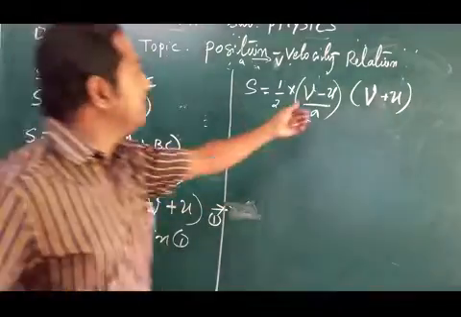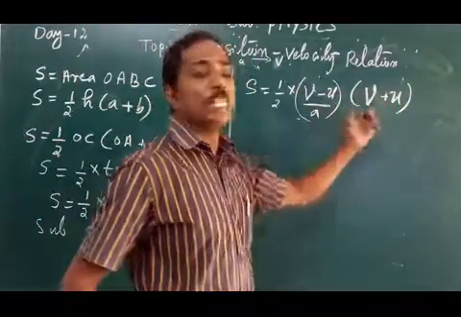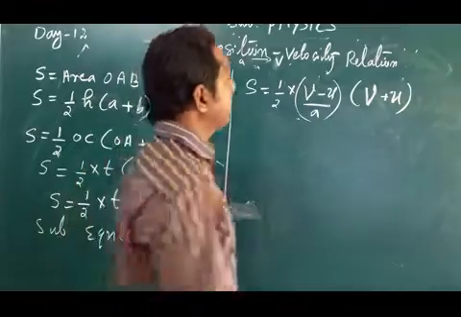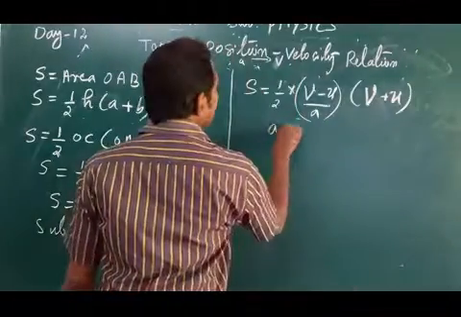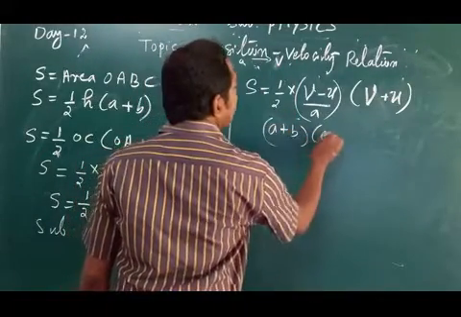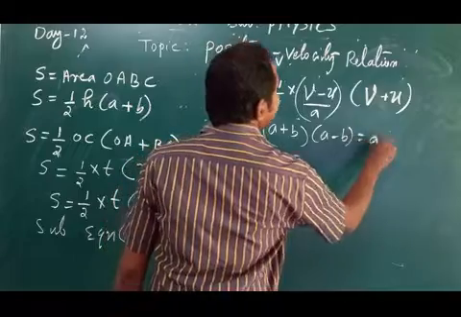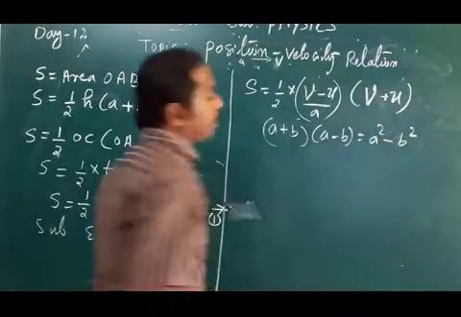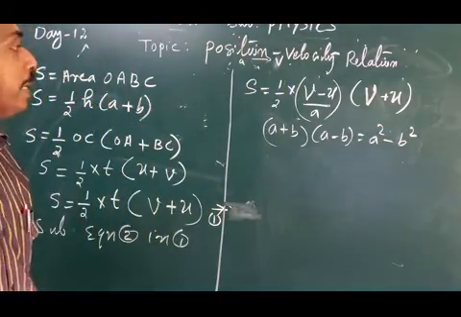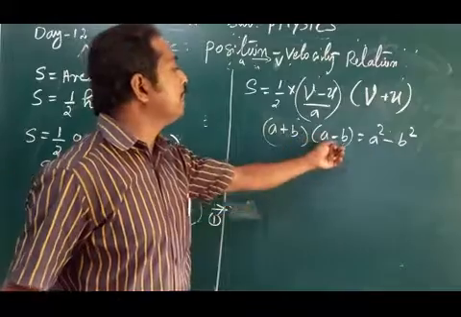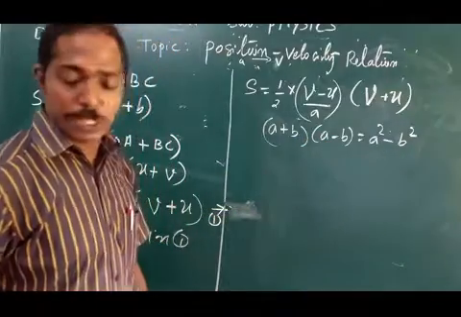This is which identity? A plus B into A minus B form only. So we can write A plus B into A minus B equal to A square minus B square. Similarly, we can write V plus U into V minus U equal to V square minus U square.